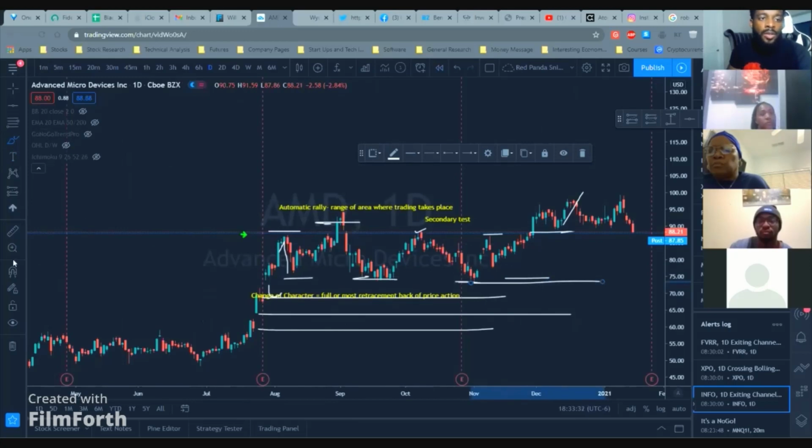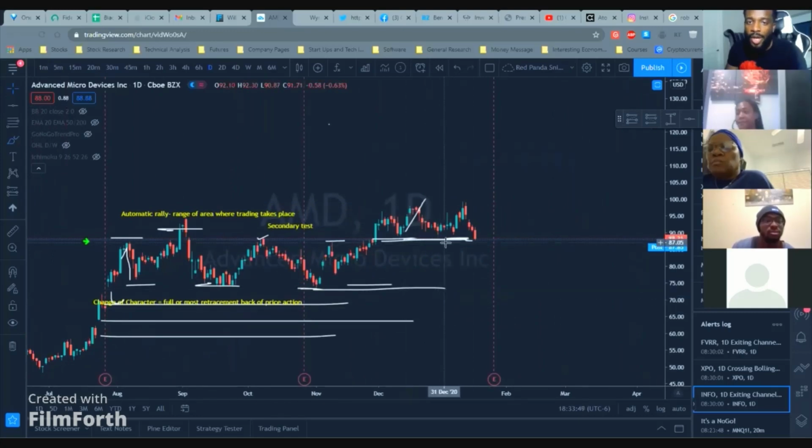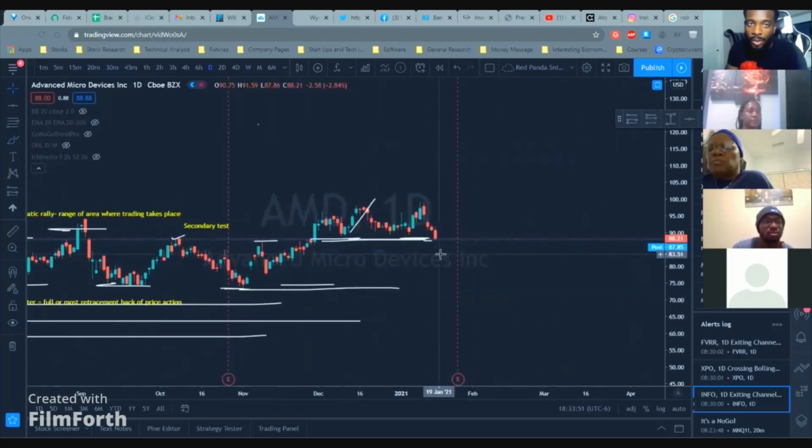All right, so as we play it out, now we notice that this has basically become the new support. So now we're in an area where today, I know a lot of people have been asking exactly what price is going to do. At this level, we know price can still possibly drop more.